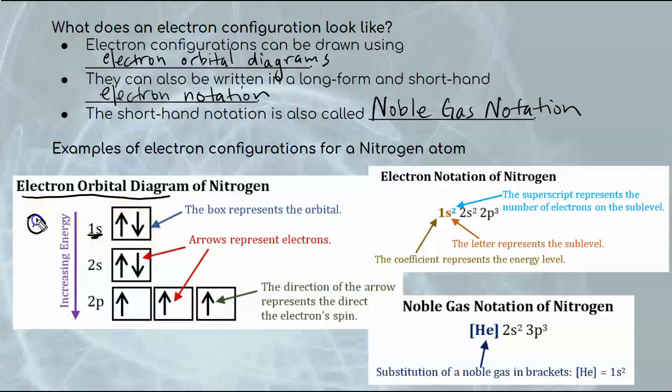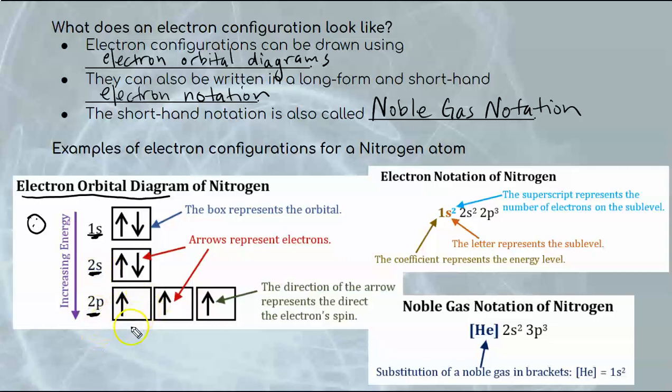That means I have 2 electrons hanging out in that S sublevel. You'll also find out that every energy level doesn't have every sublevel. Like the first energy level here, it only has the S sublevel. The second energy level has an S sublevel and a P sublevel.